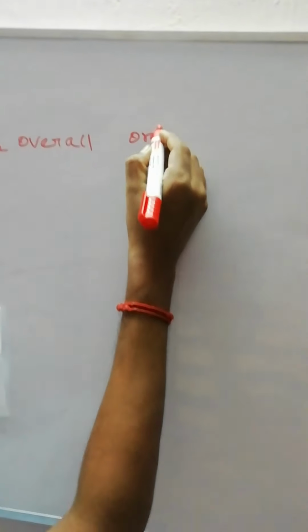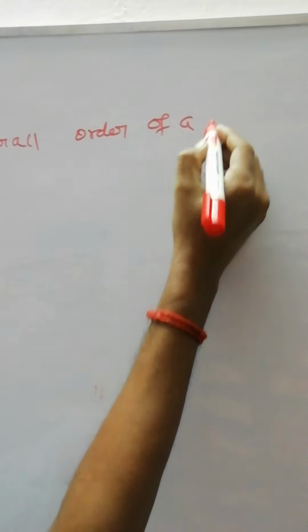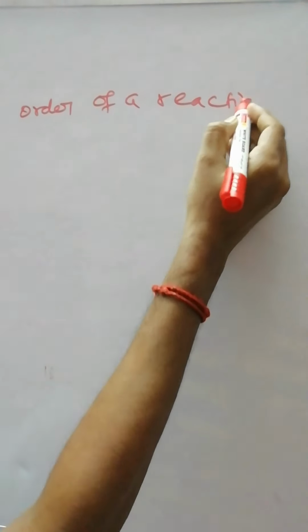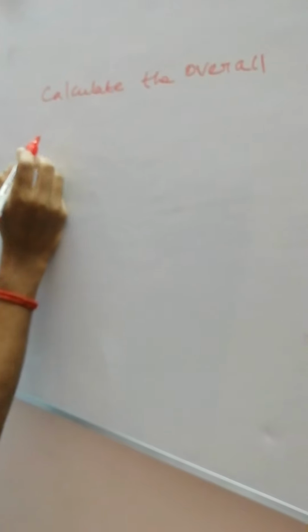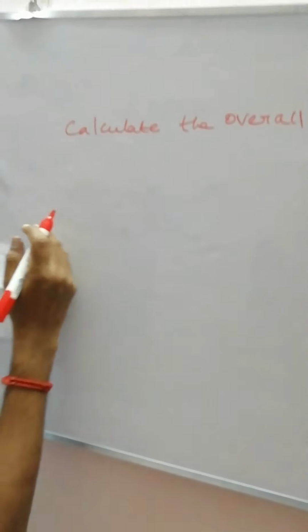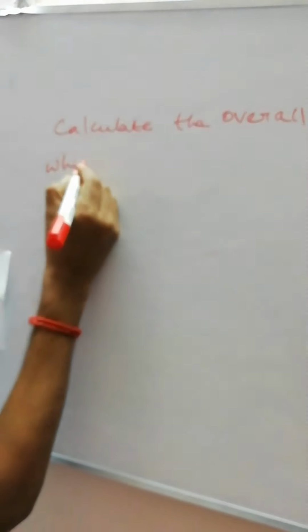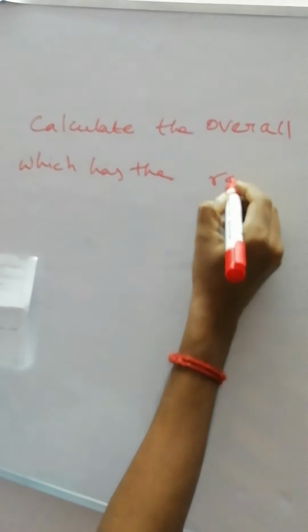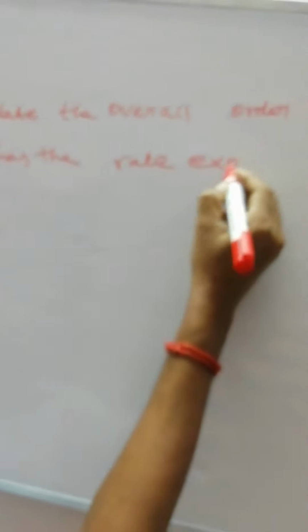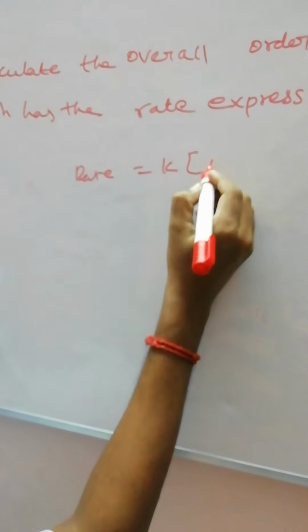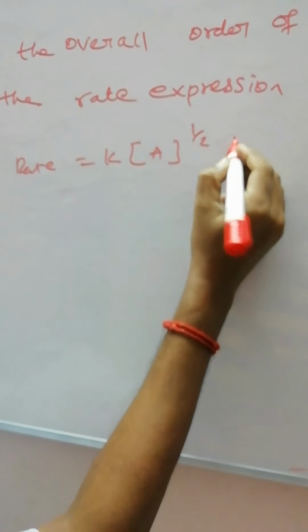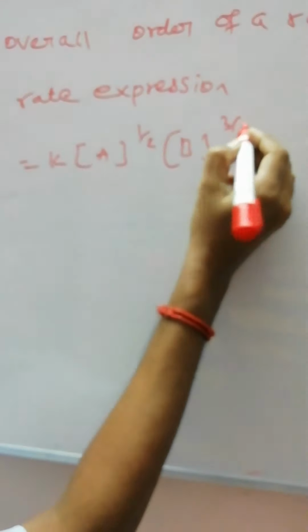Calculate the overall order of a reaction which has the rate expression: rate equal to k into a power 1 by 2 b power 3 by 2.